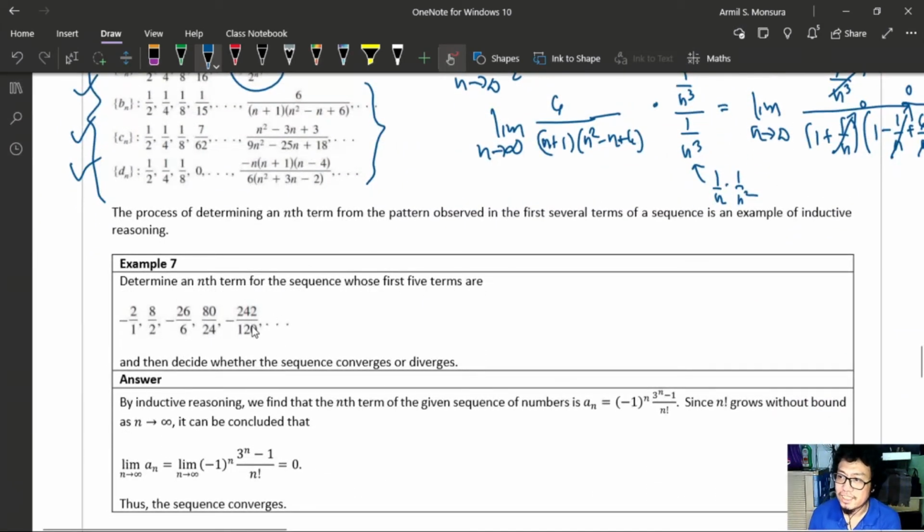We take note that, number 1, your sequence is alternating. So if your sequence is alternating, it involves the factor -1 raised to n.